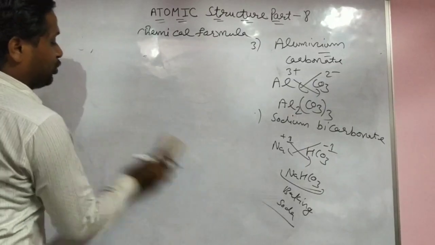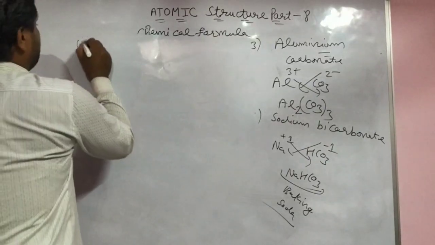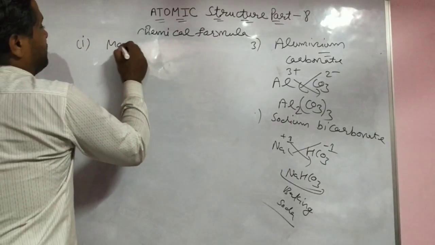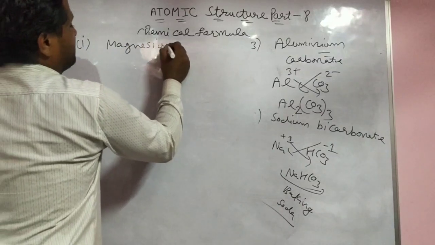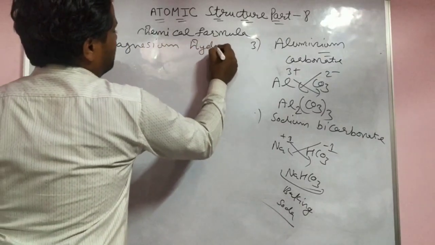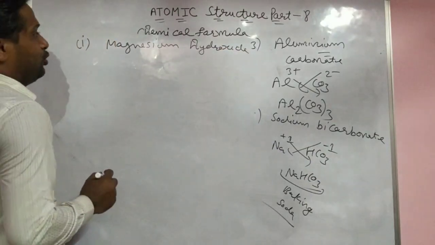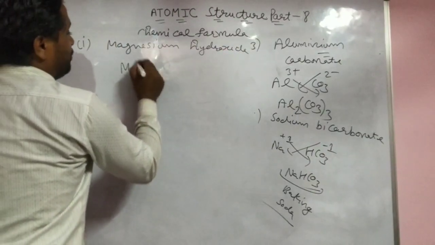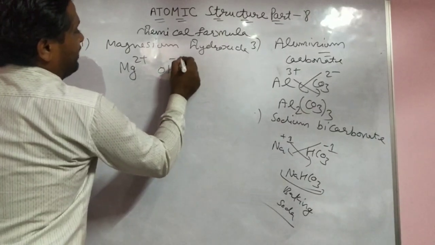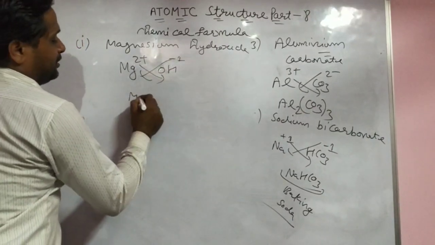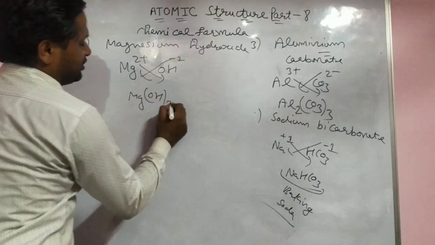Now we see the hydroxide. Keep in mind, hydroxide first. Yes, magnesium hydroxide. So Mg 2 positive, hydroxide, you know, 1 negative. Keep in mind. Yes, Mg(OH)2.